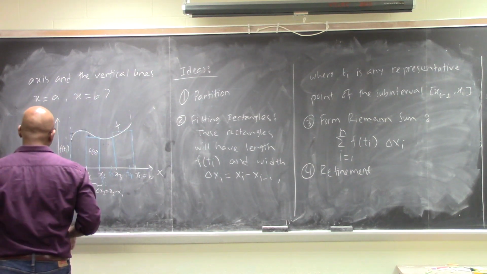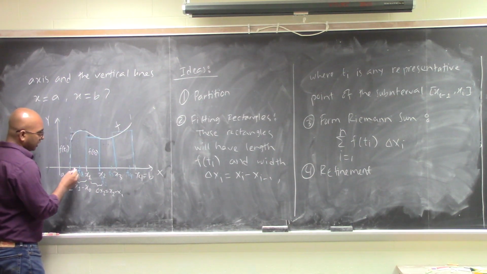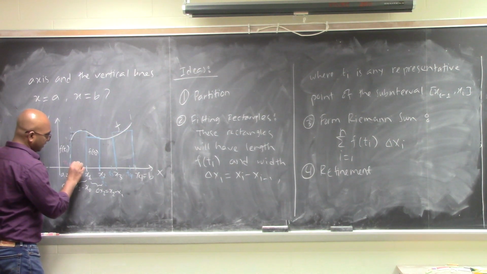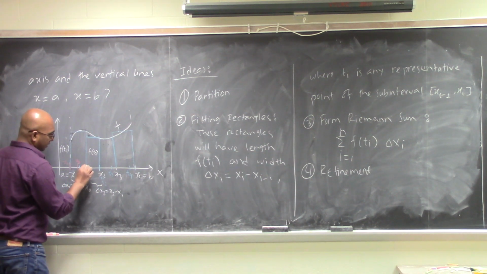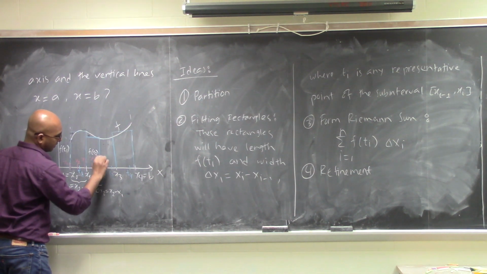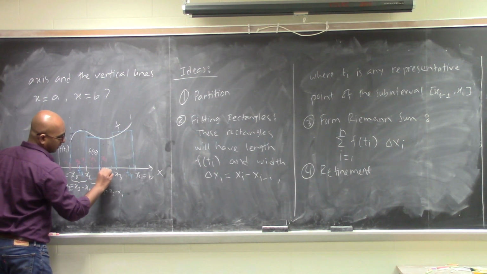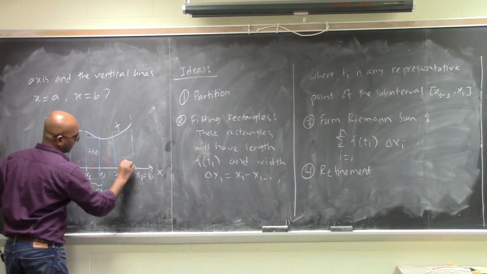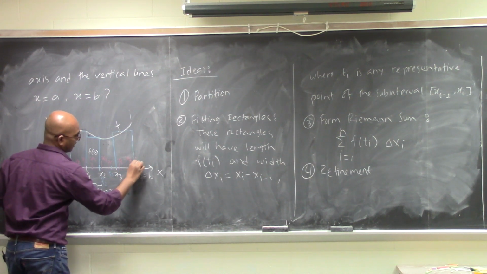So here now what you do, you will actually take more points. Okay, so now let's say this is x sub 0, this is x sub 1, this is x sub 2, this is x sub 3, this is x sub 4, this is x sub 5, this is x sub 6, this is x sub 7, and this is x sub 8.